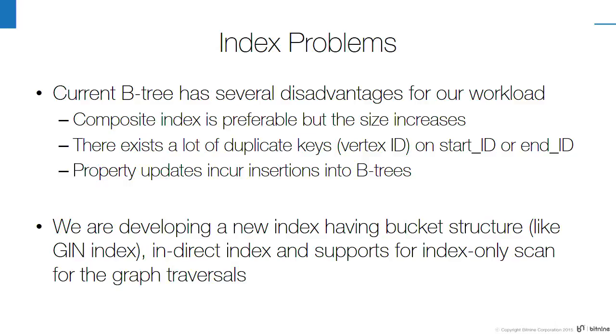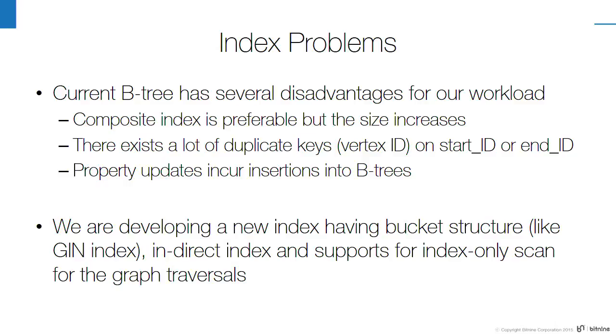But in this case, we cannot use the index-only scans. Moreover, because there are many duplicates on start and end ID, if we use a GIN index in PostgreSQL, we could reduce duplicate keys. But if we choose this layout, again, we cannot use the index-only scans for the graph traversals.